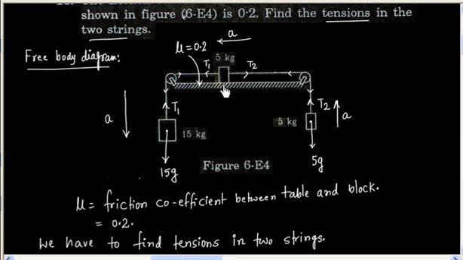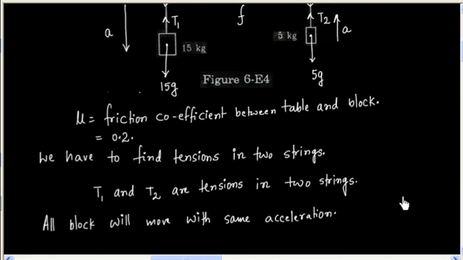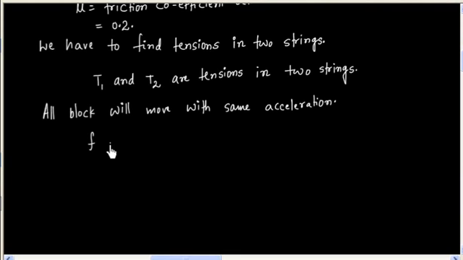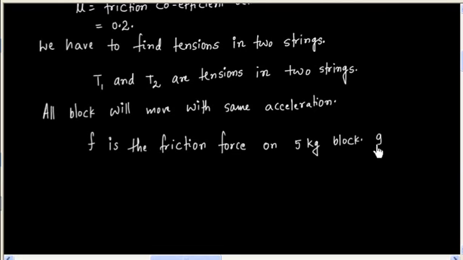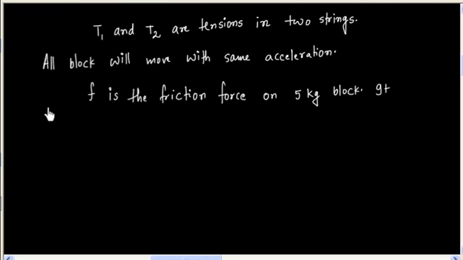On this block there is a friction force that is also acting, and this will act in the opposite direction of motion. So F is the friction force on the 5 kg block. It will act in the opposite direction of motion.